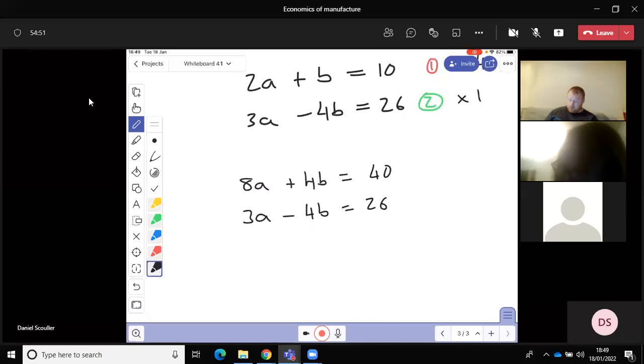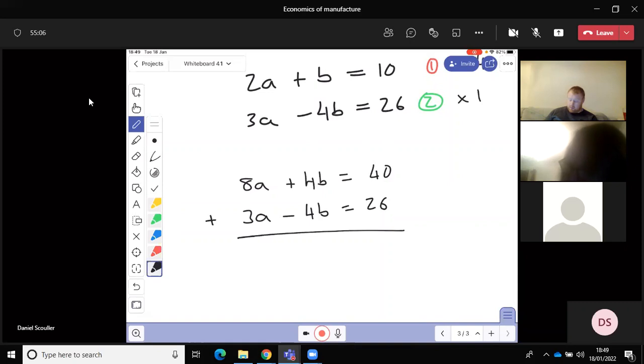Okay. We want to eliminate that second term, so we're going to add them together, because it's plus 4b and minus 4b, so we need to add the terms together to eliminate it. Add them vertically.